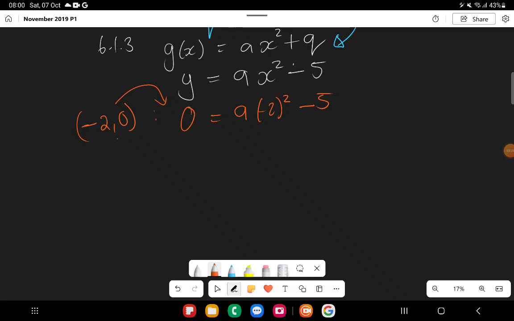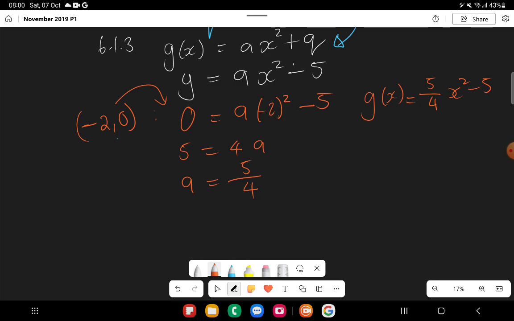So 5 is equal to 4a, and a is equal to 5 over 4. So now g of x is equal to 5 over 4 x squared minus 5.